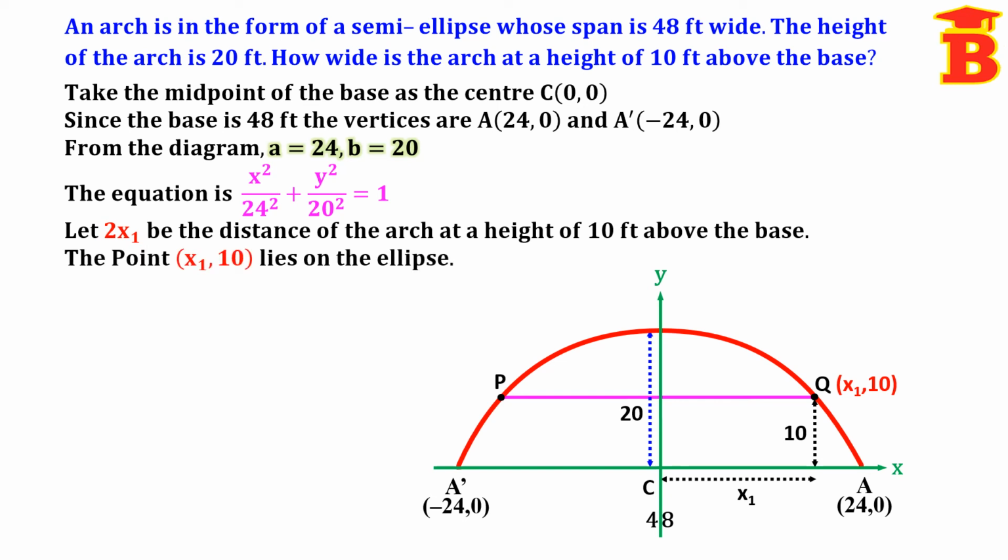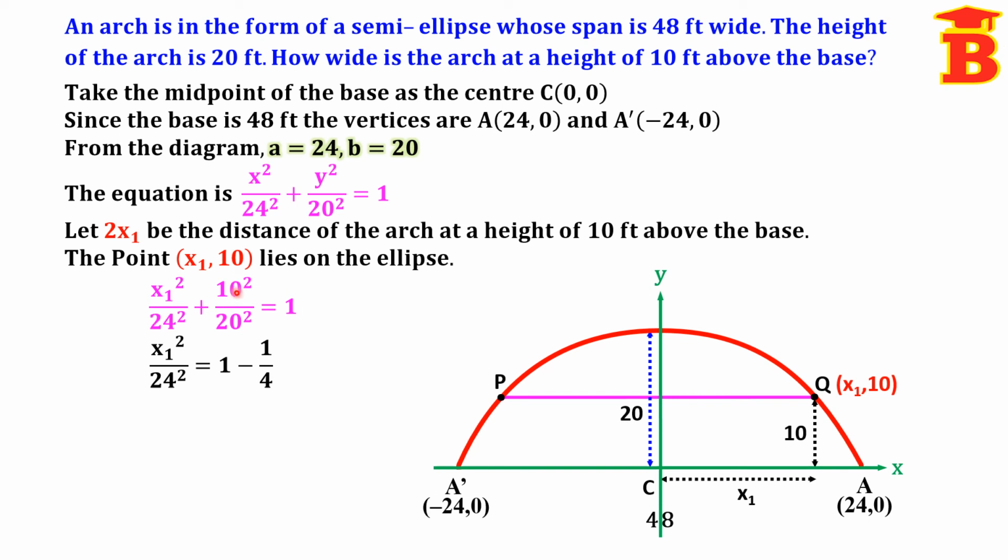This point x1, 10 lies on the ellipse, so substitute this point in this equation. Here x is x1. So x1 square divided by 24 square plus y value 10, 10 square divided by 20 square, equal to 1.